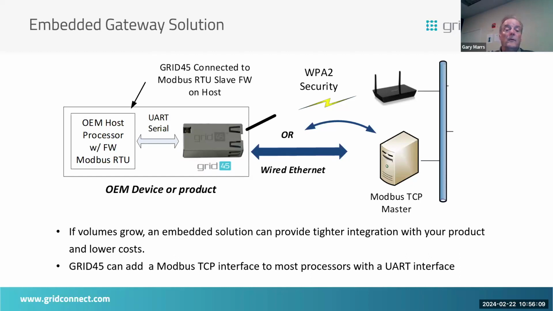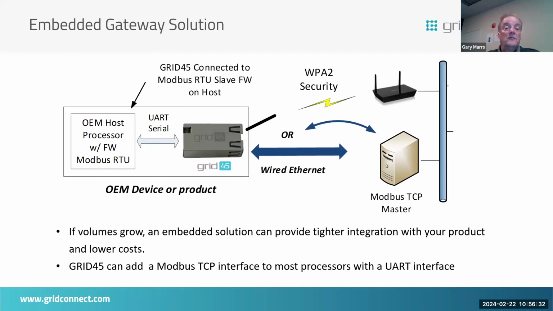And the big advantage here is that in most cases, if your product's host processor already talks Modbus serial, we can add Modbus TCP with minimal to no changes to the host processor's firmware.